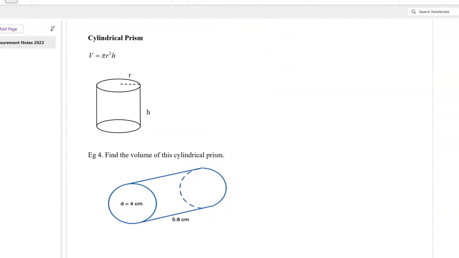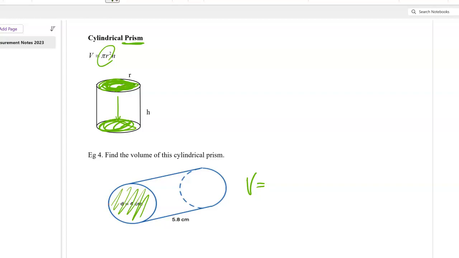Okay, another kind of prism. Good news is we're going to do this the same way. To find the volume, we find the area of the base, and then it moves all the way through till the bottom. So this pi r squared, that's actually the area of the base. So if I want to find volume, I'm going to find the area of this base.